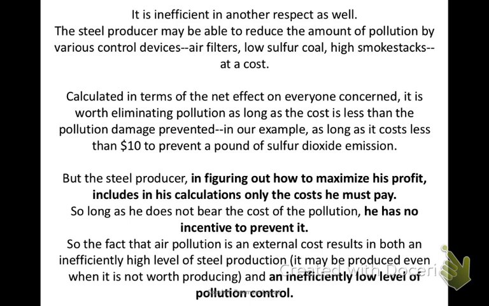If they were made to pay for it, they would abate or not produce. So, as you can see here, there is an inefficiently low level of pollution control. We can see both sides: production is too high, or abatement is too low, or the way you produce is too polluting. You use processes which are very polluting because in this way you save costs.